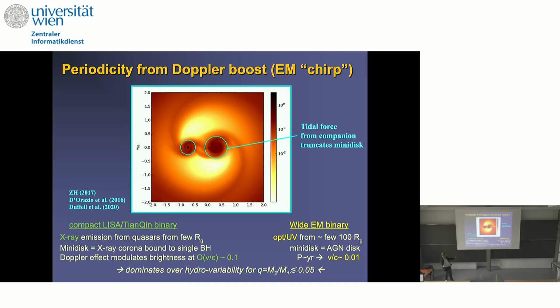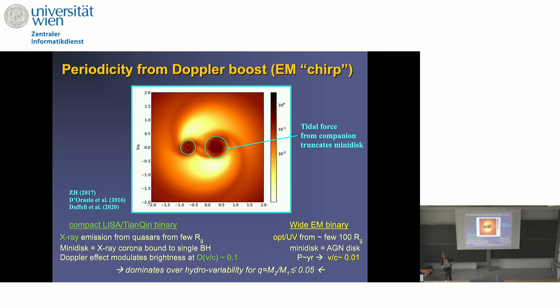If you're talking about the future of a LISA source, again, I don't have time to properly go through this. Hopefully you'll learn from other lectures. A source that's entering the millihertz LISA band has orbital periods of order hours to a day when it enters the LISA band at 10⁻⁴ hertz.